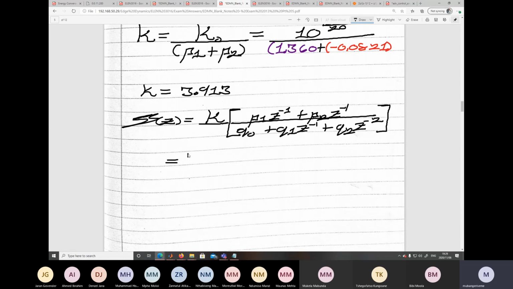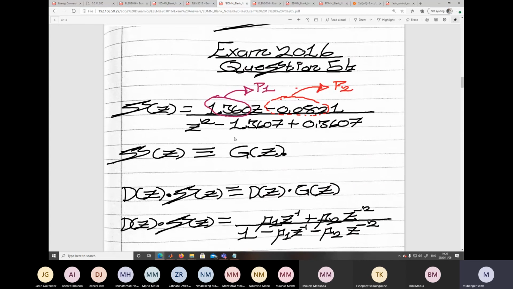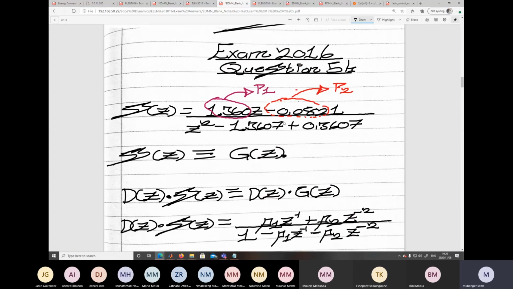Okay, so 3.913. Somebody just help me out, call out what those values were. I don't think I divided by Z at this point yet. Whoops, there's a Z that I'm missing here. Minus 0. That's plus 0.3607. Okay. 0.0821.